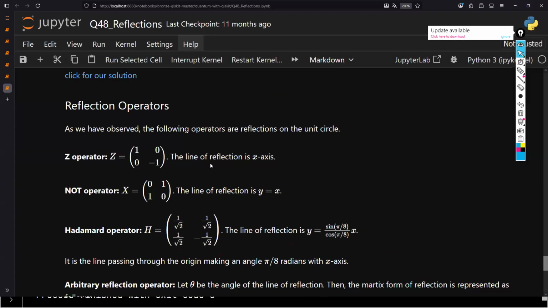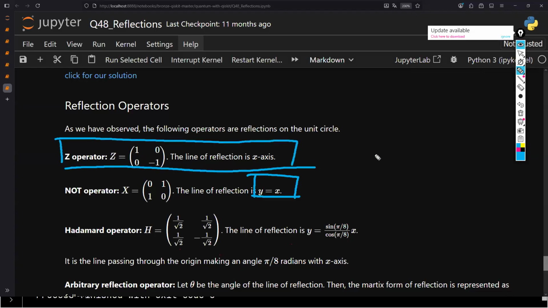And coming back to our reflection operators, we have two more apart from Hadamard. I have told you about the NOT operator, which is an operator that reflects over y equals x. And there is also a Z operator, which acts like reflection over the x-axis.